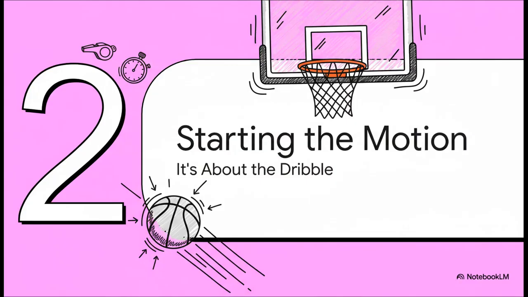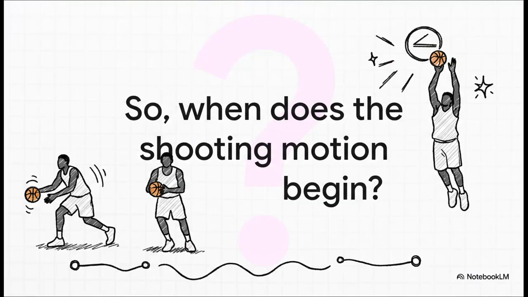To really get when the shooting motion starts, you first have to understand when it hasn't started yet. And the dividing line, the single most important factor for the officials, is the dribble. So let's just ask the question straight up. You see a player driving, you see them gather the ball, you see them go up for the shot. When, in that whole sequence, does the rulebook say the act of shooting has actually begun?